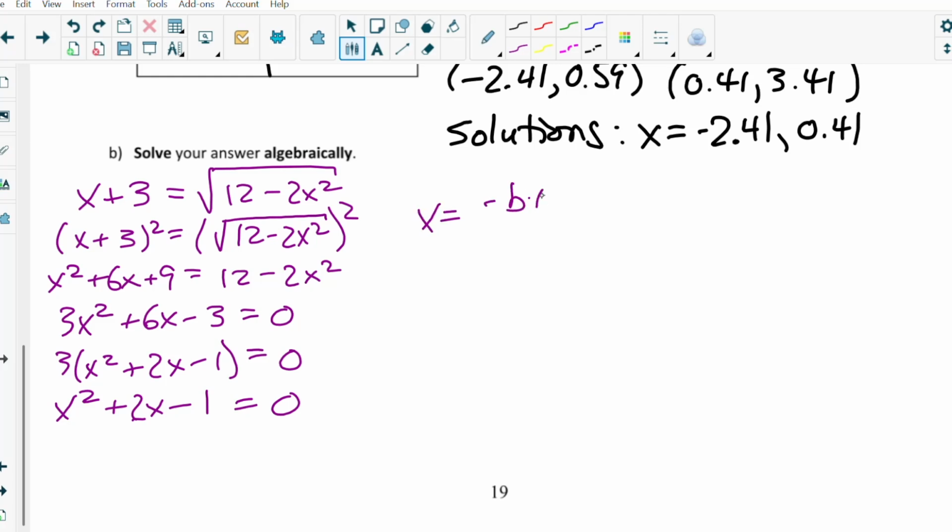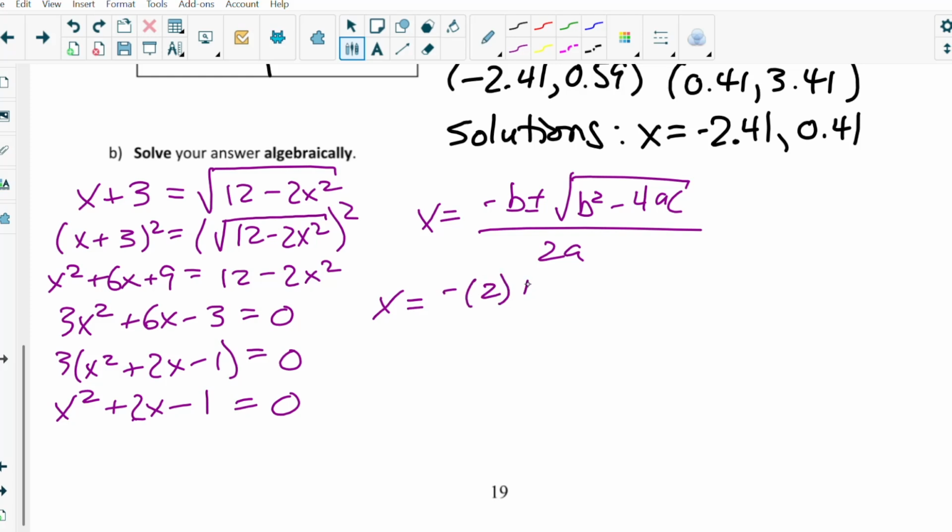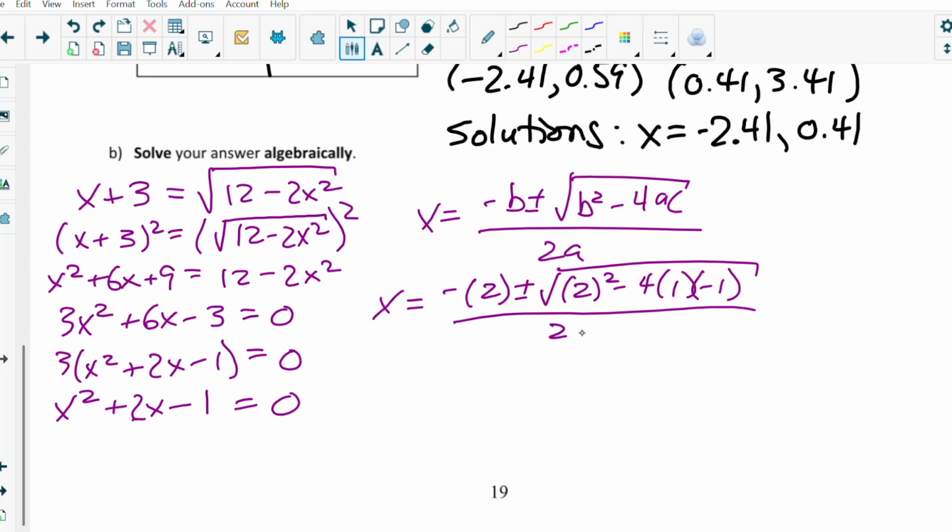So x equals negative b plus or minus the square root of b squared minus 4ac over 2a. So x equals negative b, which is 2, plus or minus the square root of b squared, that's 2 squared, minus 4 times a, which is 1, times c, which is negative 1, over 2 times a, which is 1.